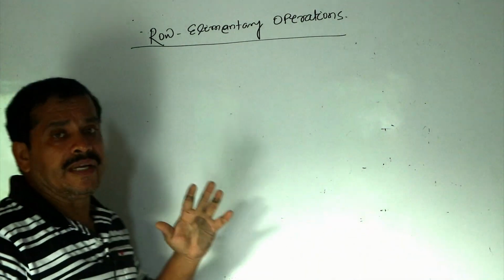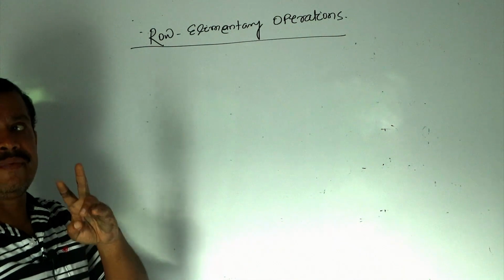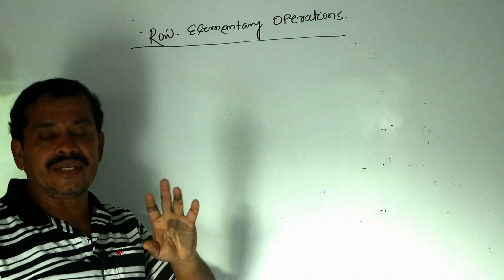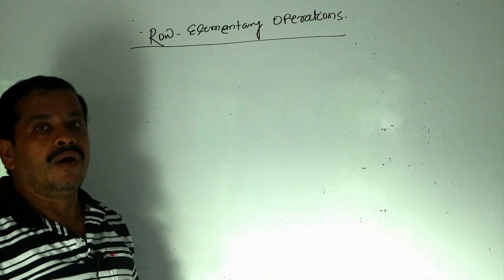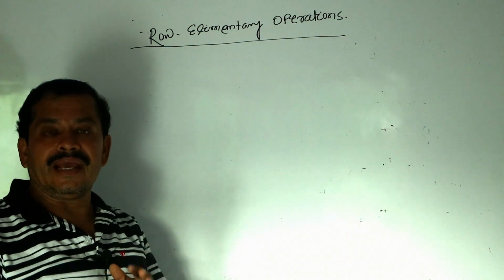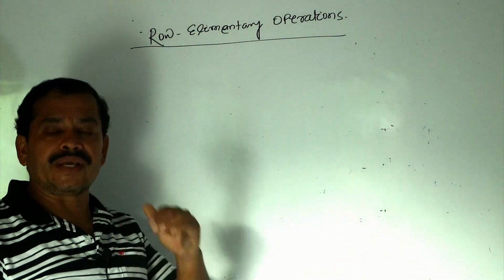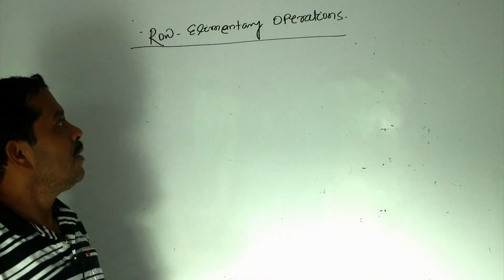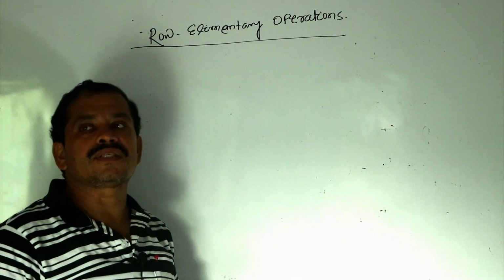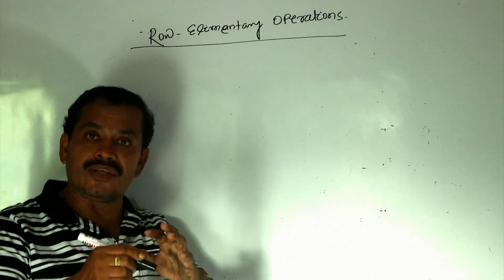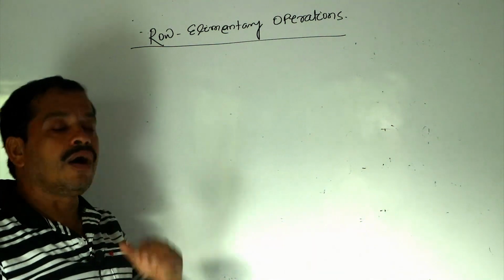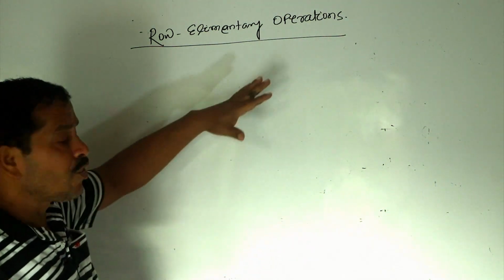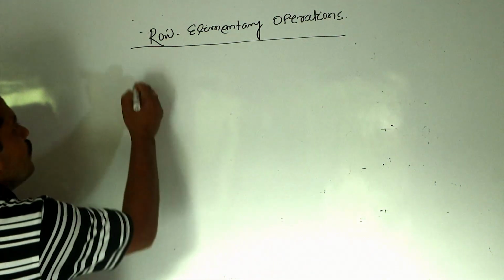What is row elementary operation? In row elementary operation, there are 3 operations. One, we can exchange any 2 rows. Two, we can add any 2 rows. Three, we can multiply a constant with any row. With these 3 operations, we can convert a matrix to a unit matrix, or find the inverse of a matrix. How? Go through the particular examples.